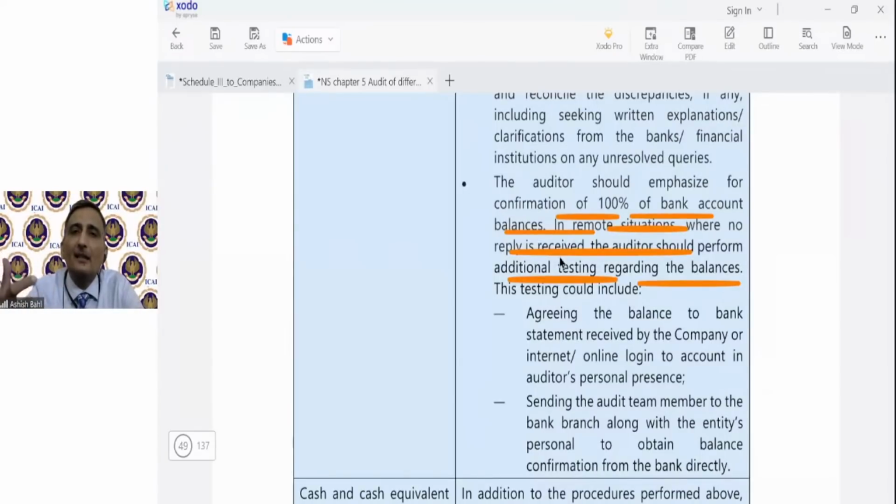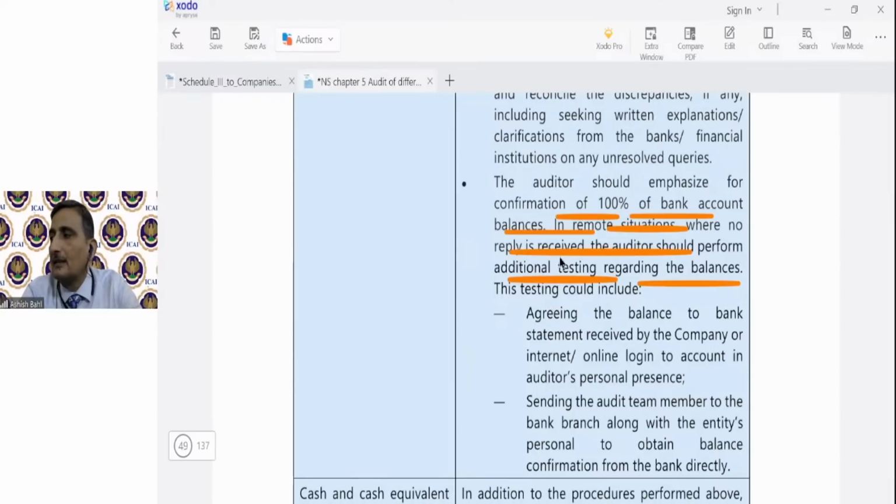Sundry means different assortment, so when we use the term sundry debtors, it means debtors of different kinds. Trade debtors is a similar term, debtors arising out of trade.